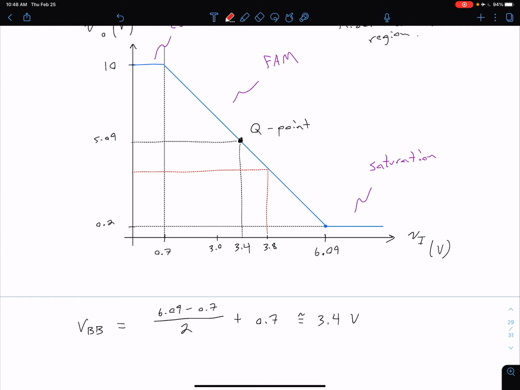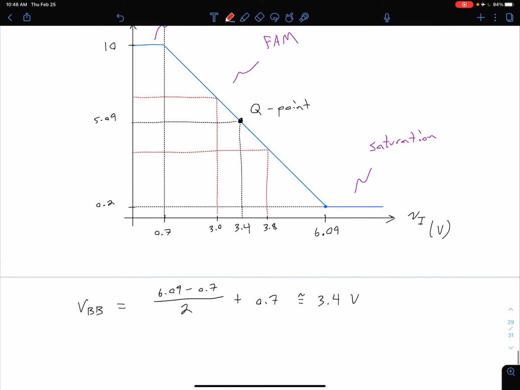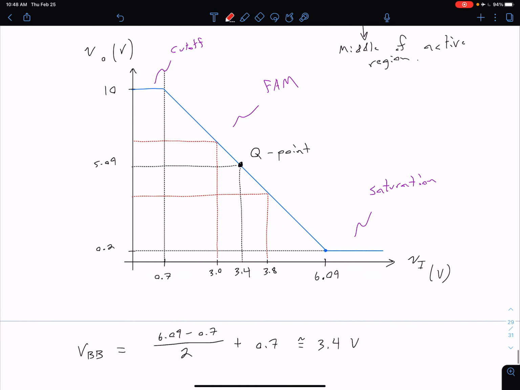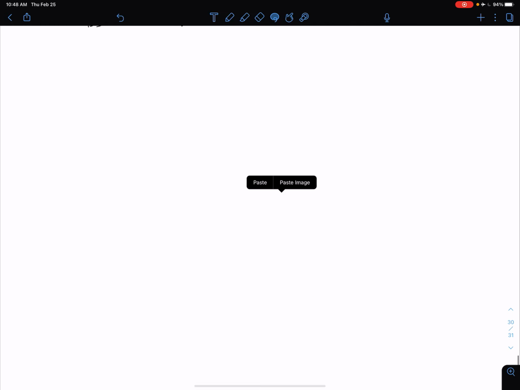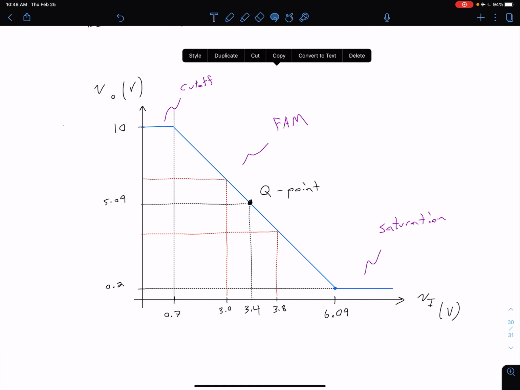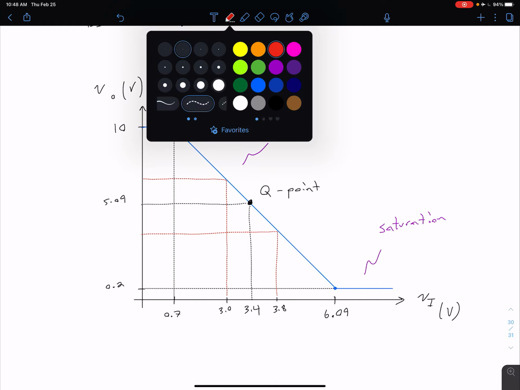Similar thing if our combined input voltage drops down to 3: from this curve, it's going to have some corresponding output voltage that looks like this. So let me copy this and move this down so we have some more space to talk about this. But what we're going to see is, of course, if that input voltage is varying between those two, then our output voltage is also going to be varying in a sinusoidal manner.